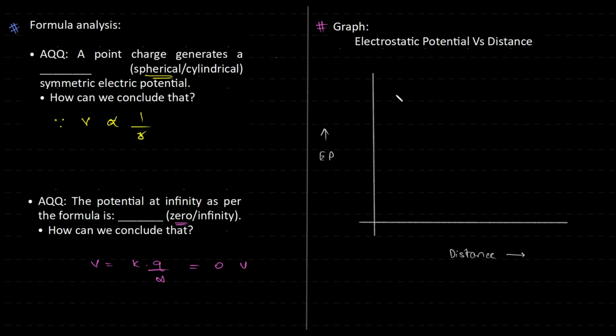So when you draw this graph, you'll end up with something like this actually. Yes, so not an ideal thing. So say this is 1 unit away. So this will be something.